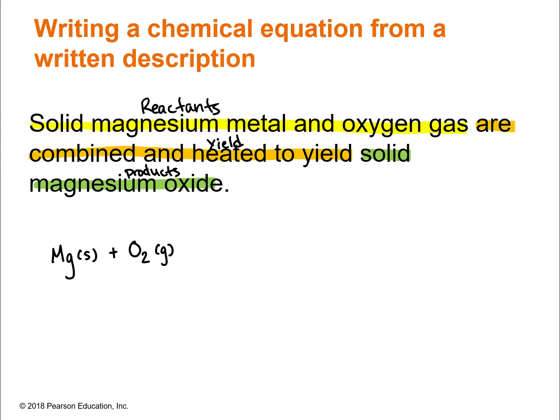We'll talk about those in this chapter too. Now we hit our yields arrow, and it says that it's combined and heated to yield. So we have to have our triangle. The product is solid magnesium oxide.